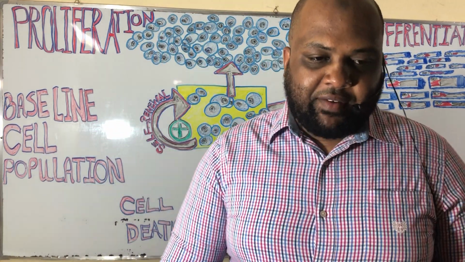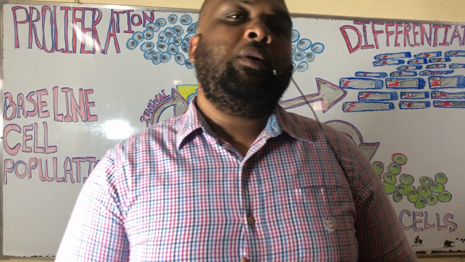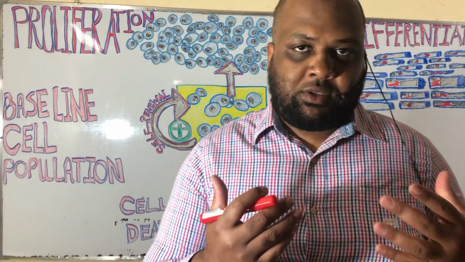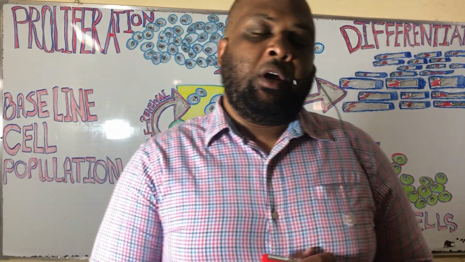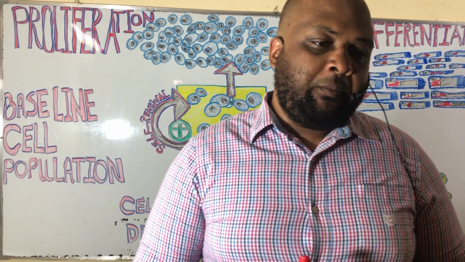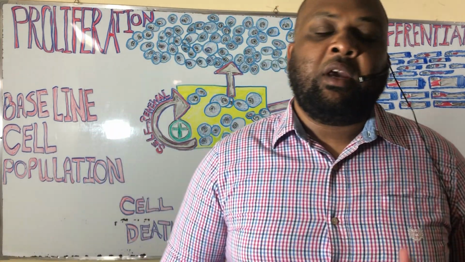Okay, so if we have a cell population, that makes for us a tissue. So what do you think the factors that cause an increase in that tissue population? First of all, the first factor will be differentiation.